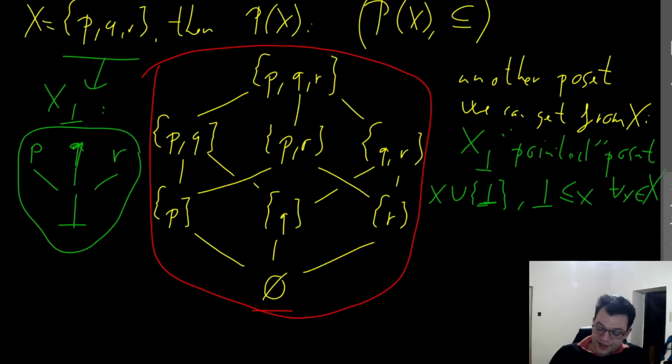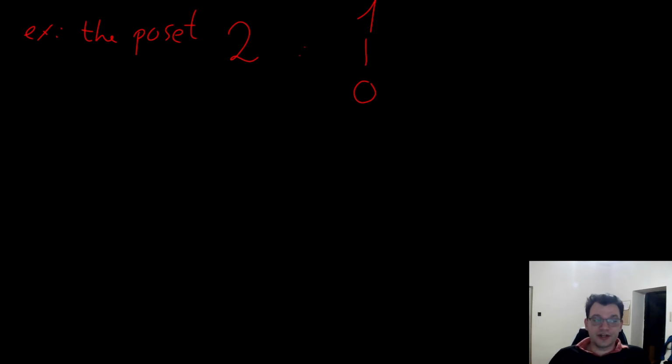Maybe our last example. Another example is the poset 2. Usually we don't spell out explicitly the smaller than or equal to relation. The poset 2 just has two elements, 0 and 1, and 1 is larger than 0.